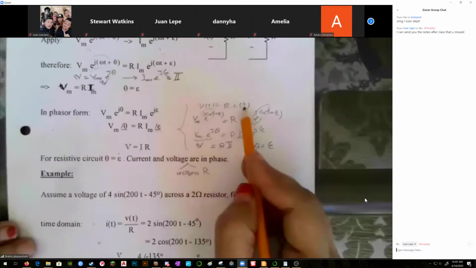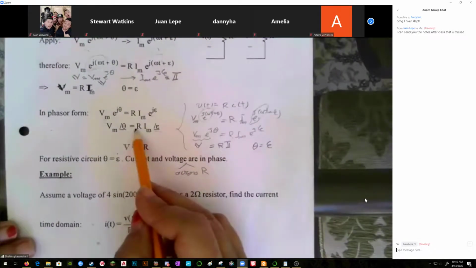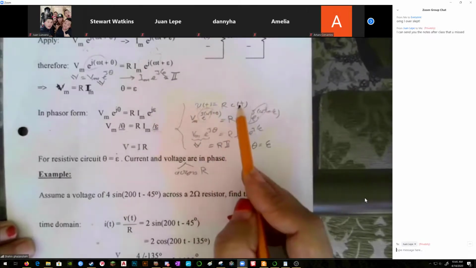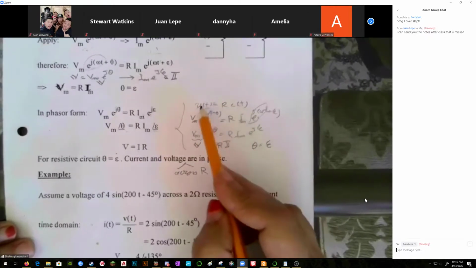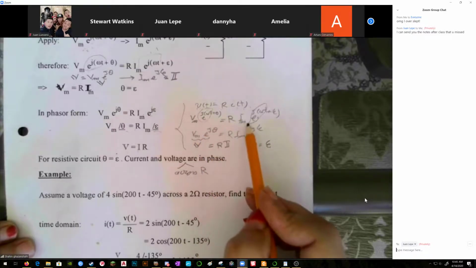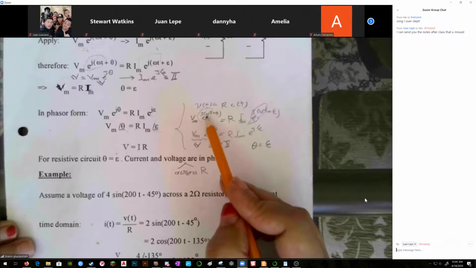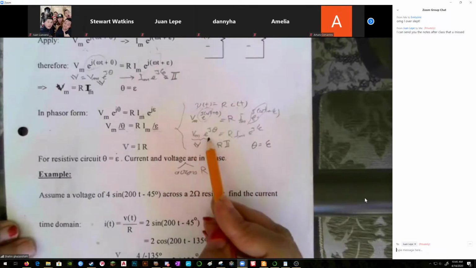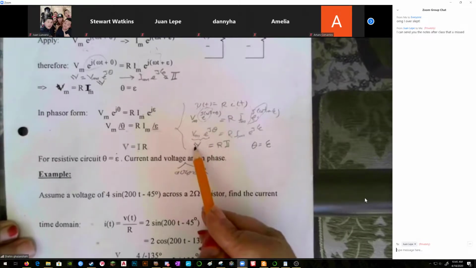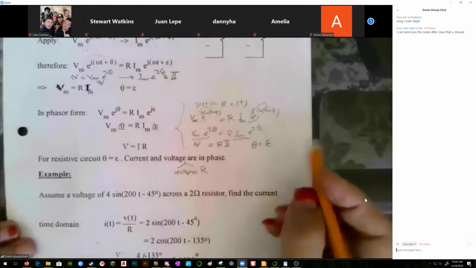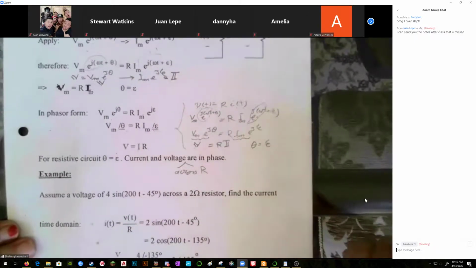Okay, so maybe this part is the same thing here, but the voltage across resistors is R times I. Instead of the voltage, you put the complex forms, and the complex exponential of j omega t cancels from both sides. You have this. This is phasor voltage. That is phasor current. So for the resistors it doesn't change.